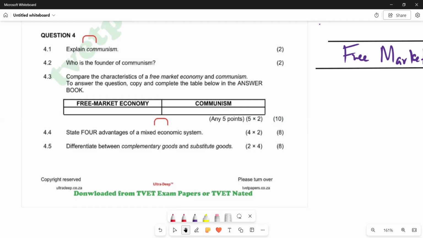So on the definition of 4.1, we are going to take it as a system where the four factors of production are owned and controlled by the government. So basically, the issue of disregarding private ownership is coming into play.